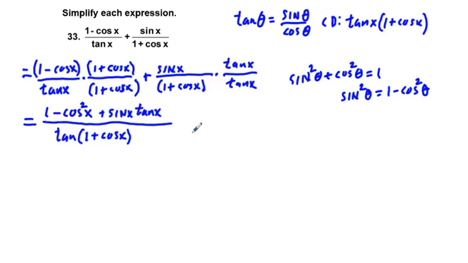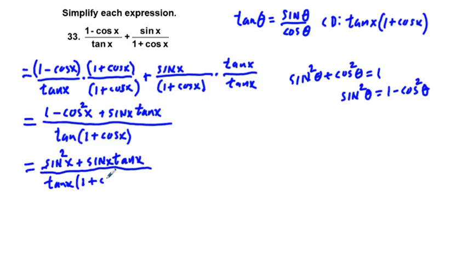So we're going to use this identity to rewrite this 1 minus cosine squared x as sine squared x. So we have sine squared x plus sine x tangent x over tangent x times 1 plus cosine x.